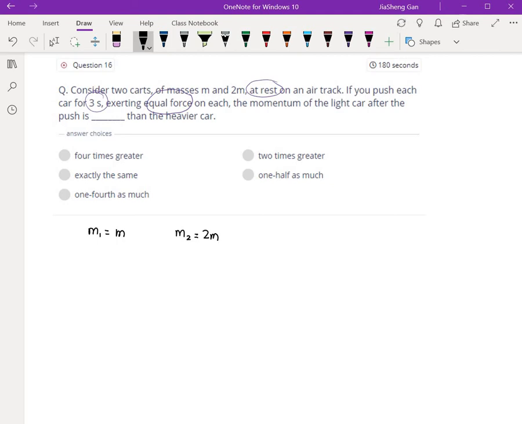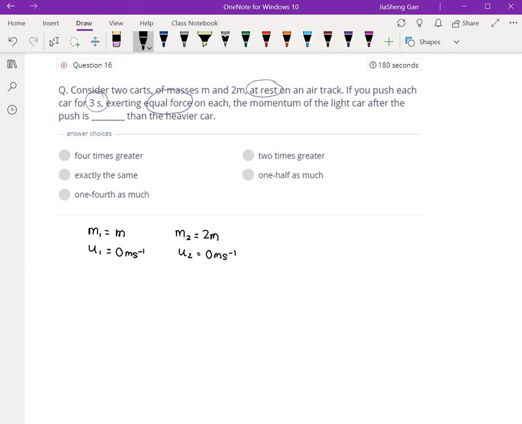At rest on an air track means initially both of them are 0 meter per second. Now, knowing this, we can continue the question.